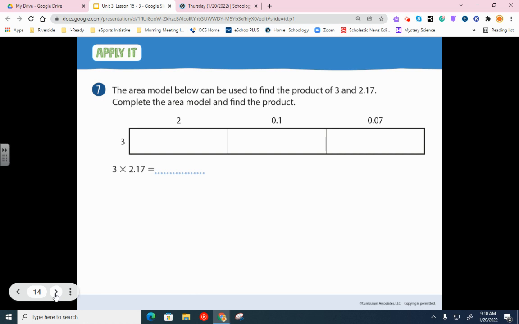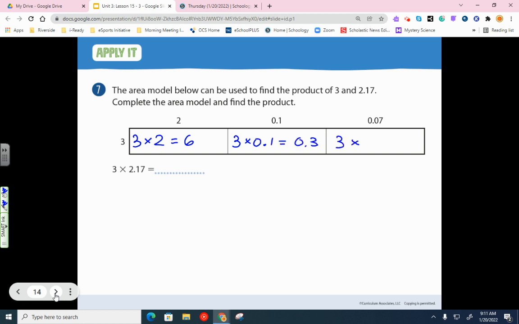All right. The area model below can be used to find the product of 3 and 2 and 1700. Complete the area model, find the product. Now, area models work like this. It takes the one side times the other, gives us that. This is 3 times 1/10, which gives us 3/10.